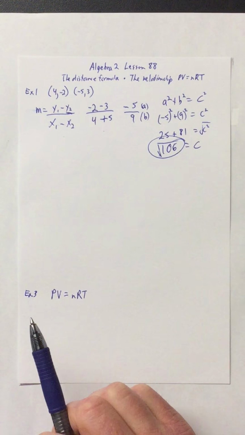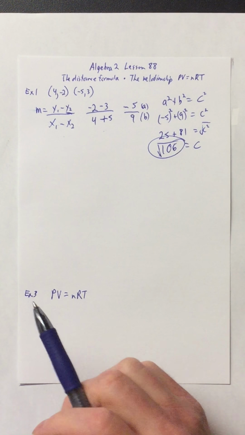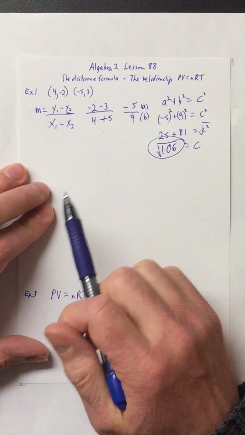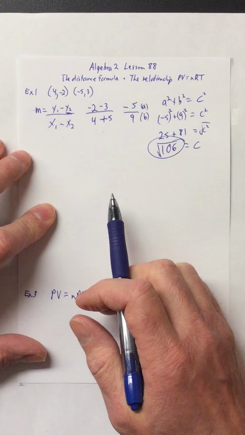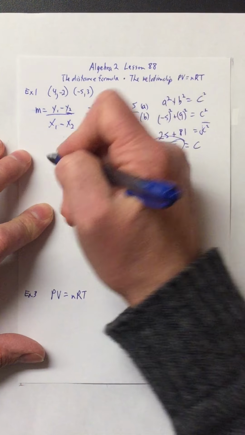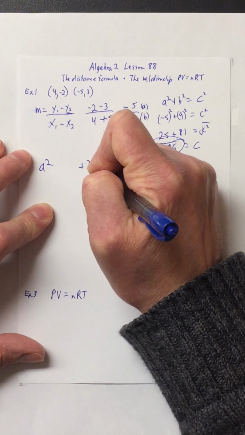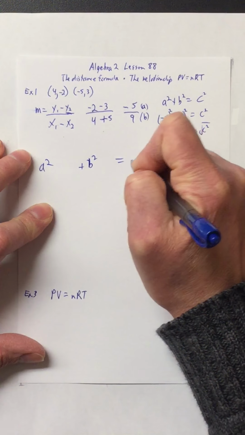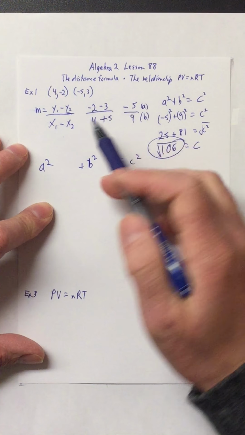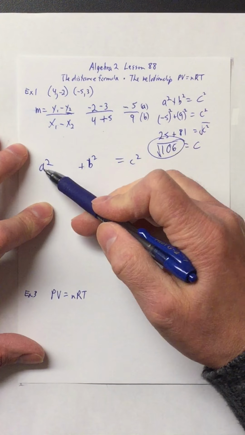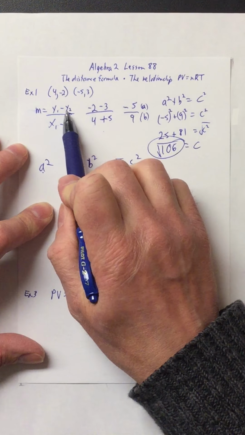Now in this lesson, the distance formula really is just taking those two equations and putting them together. So for example, let me write this out here. A squared plus b squared equals c squared. Instead of putting a in there, you can see a is equal to the slope.